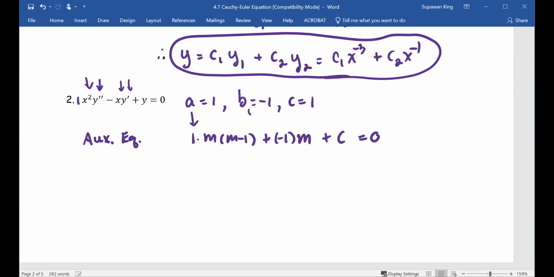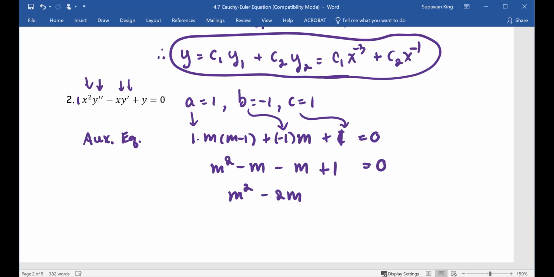So a here, b here, and then c here. And then we're going to solve for m similar to the last example. So we have m squared minus m minus m, and c is 1, so plus 1 equals 0, or m squared minus 2m plus 1 equals 0.